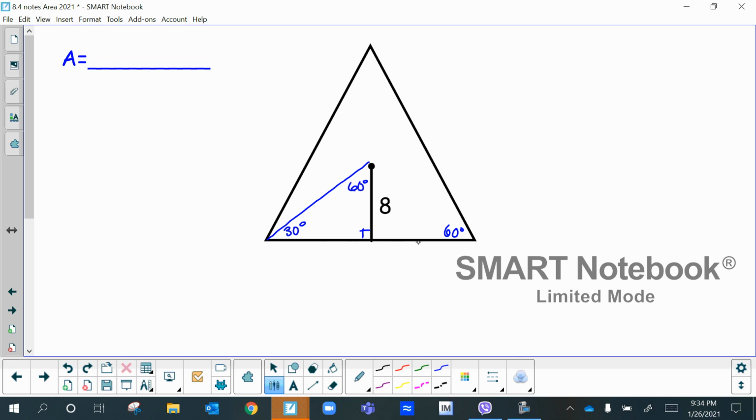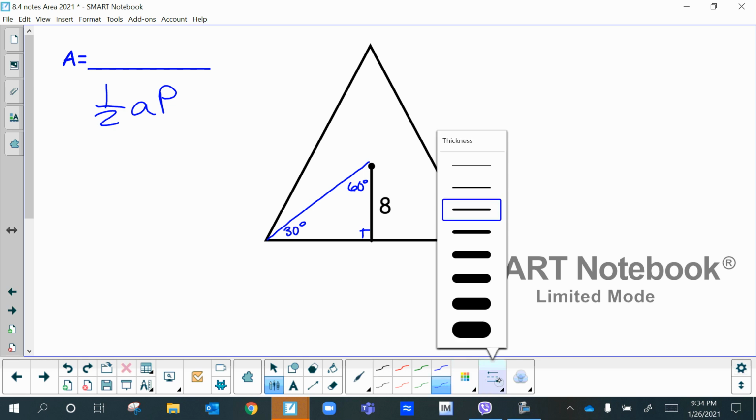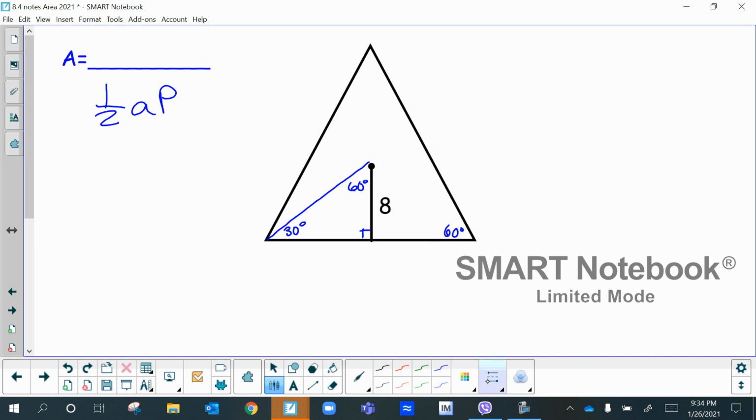So once we find the length of this side, I get to use my formula 1/2 apothem times perimeter, okay? So I need to figure out this leg down here. Well, I know the short leg, and again, I have a pretty good memory of my special rights.